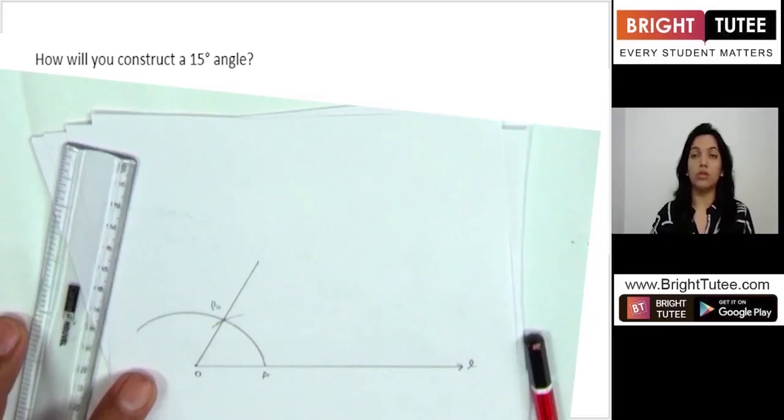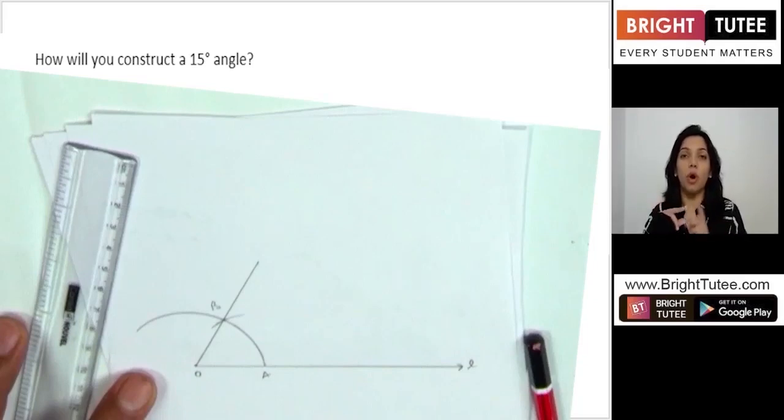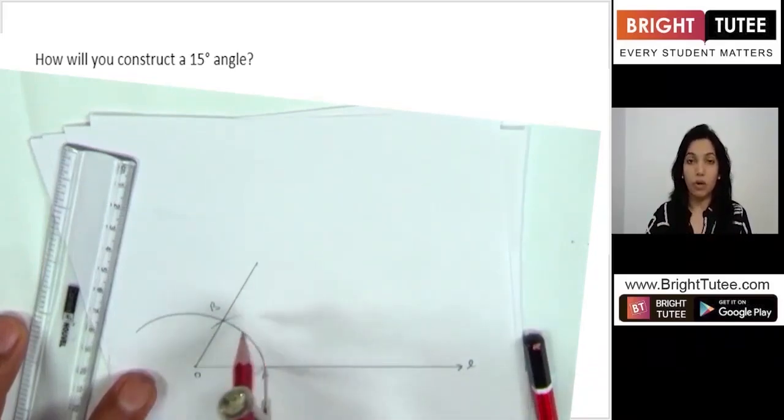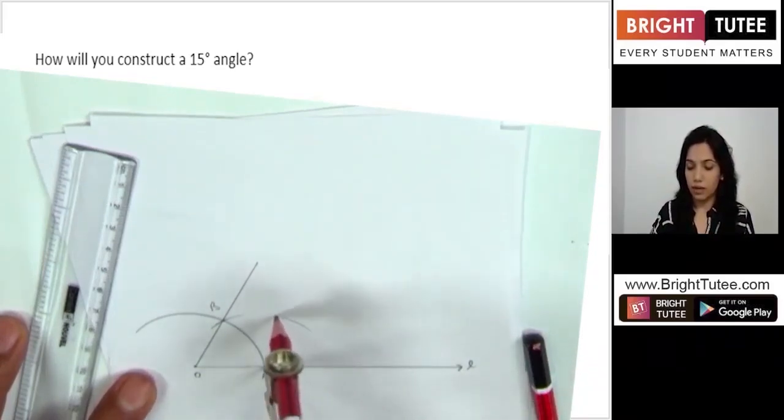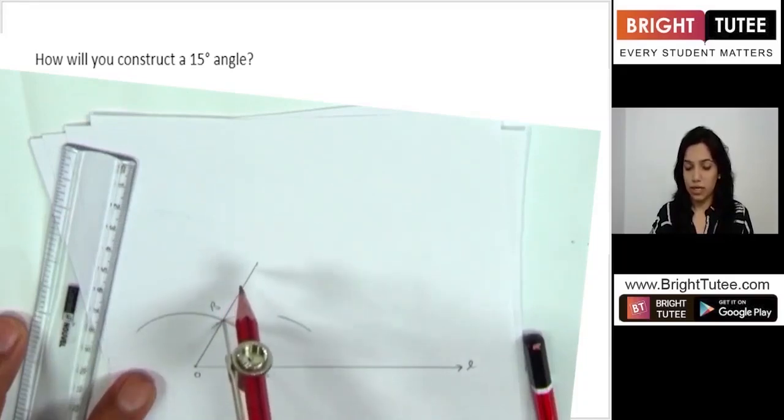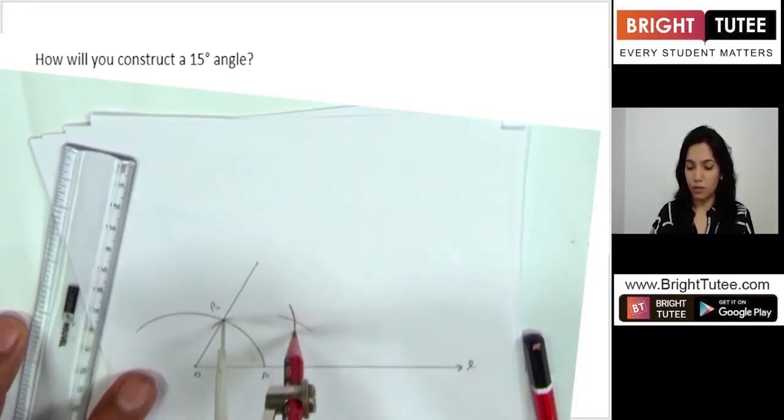So in order to go half of it, going to 30 degrees, we need to bisect this particular angle. How do we do it? You need to open the compass with a radius more than half of AB. Keeping the point at A, we will mark an arc over here. Keeping the point at B, we will mark an arc over here.